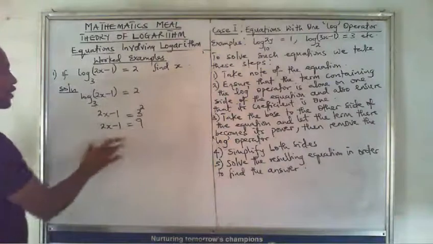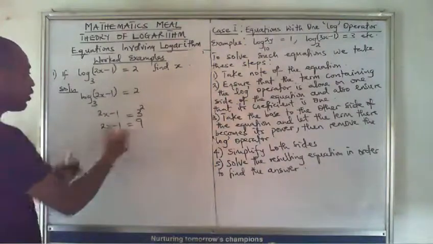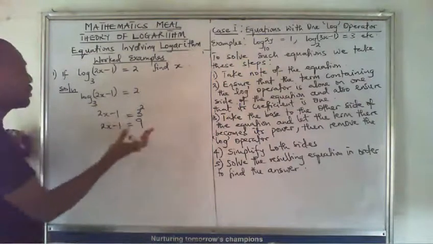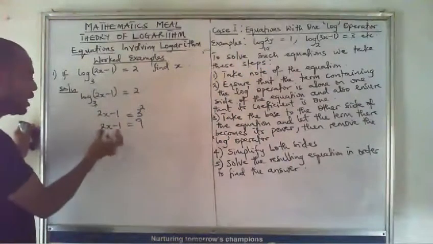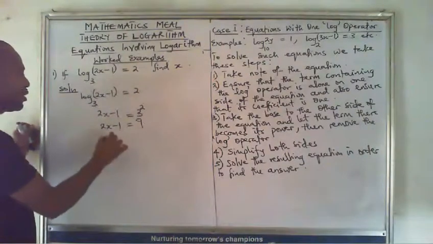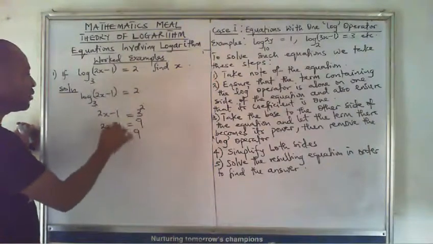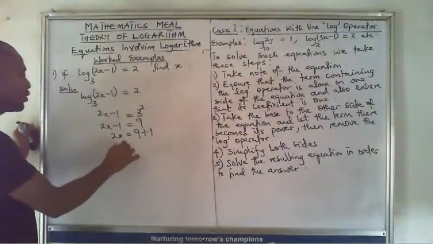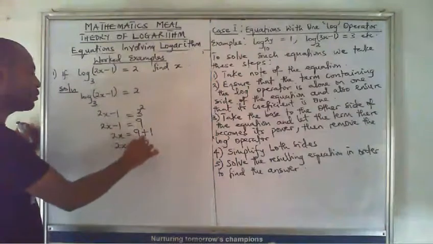So if we now solve, you remember how we do that. They say collect like terms. So if you are using the balance method, add 1 to both sides and so on and so forth. So let's gather like terms. Minus 1 and 9 are like terms. Take minus 1 to the other side. We have 9. When this comes over here, we have 9 plus 1. So this will give us 2x. 9 plus 1 is what? 10.